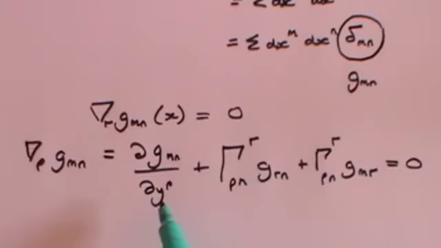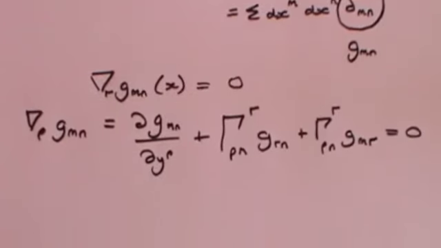And now I've got an equation which has got the metric tensor in it and a derivative of the metric tensor and a Christoffel symbol. So I ought to be able to rearrange that equation so that I can express the Christoffel symbol in terms of the metric tensor. Now for that, you need a mathematician.